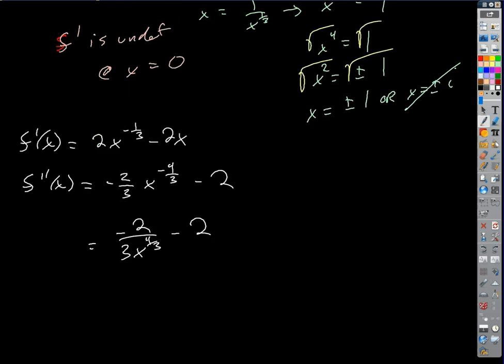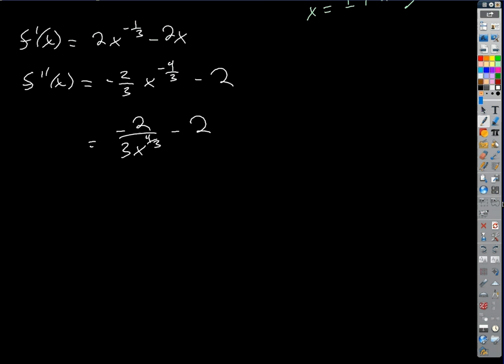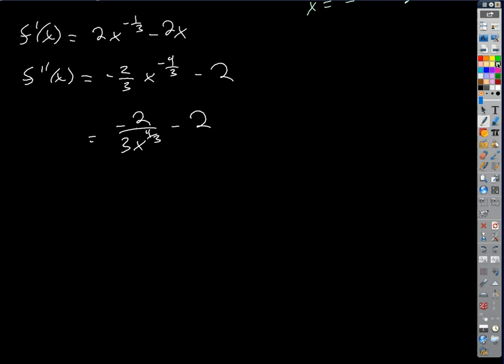Okay? All right, so let's analyze this. Does this equal zero anywhere? Maybe, we've got to see, right? So we could set this equal to zero. If I just add the 2 to the other side, when 2 over 3x to the 4/3 equals negative 2.